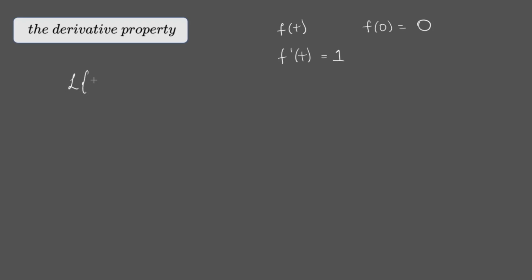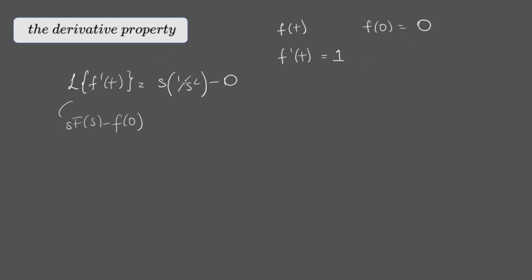So that's going to be the Laplace transform of f prime of t is s times capital F of s, s times 1 over s squared, because remember, for t it's 1 over s squared, minus f naught. f naught is 0 since we're subbing 0 for time.